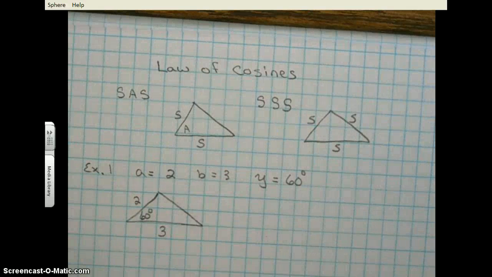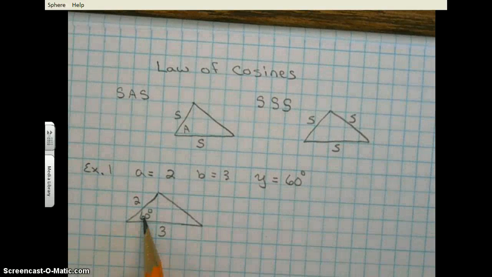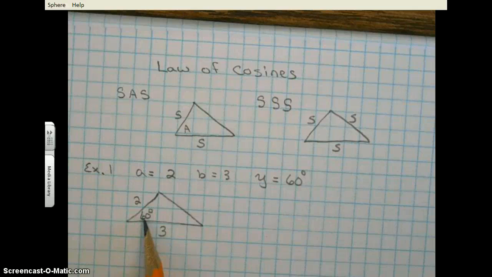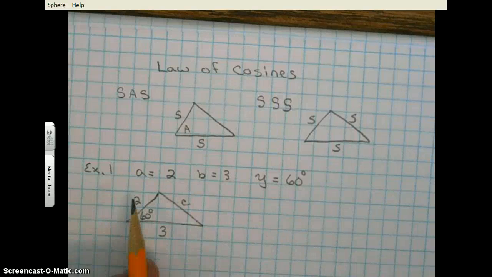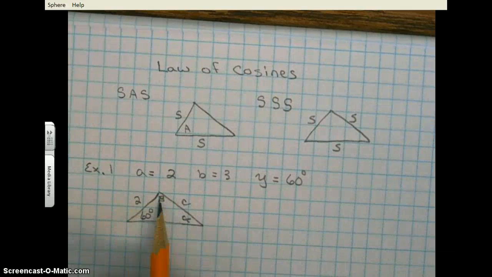What's important to keep in mind here is since this is gamma, then this is going to be C. And this is our A value, so this is going to be alpha. This is B, so this is going to be beta.